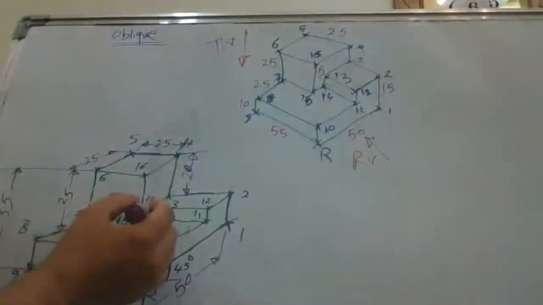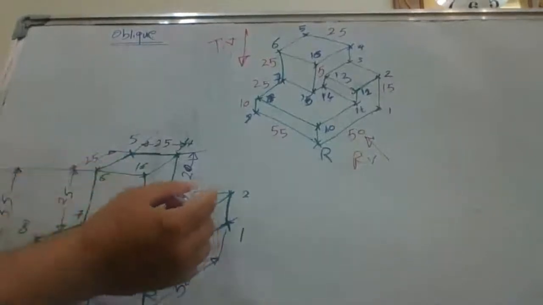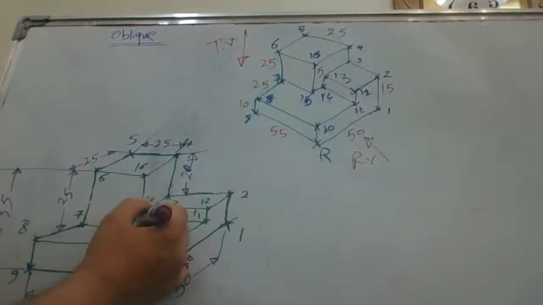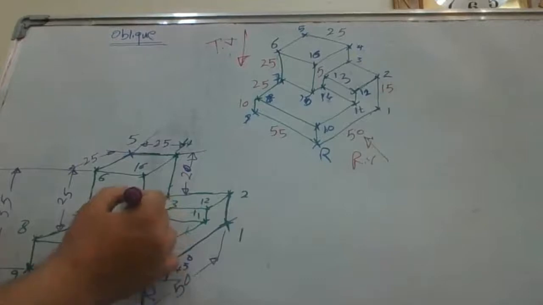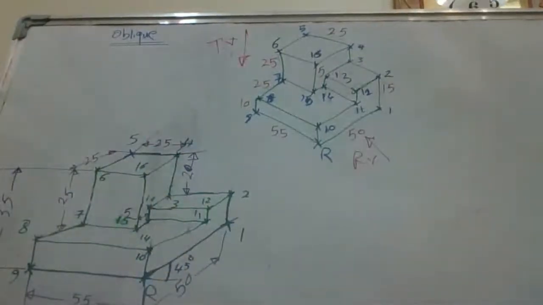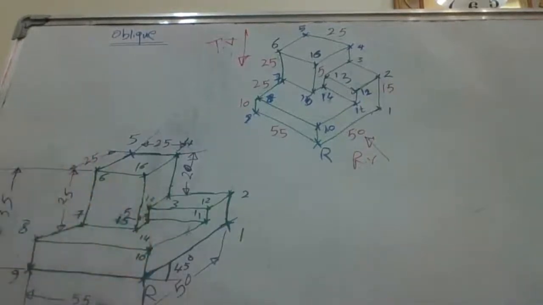Here also we can draw 25. Here, if we choose here, we can write here 5 millimeter. 5 millimeter plus 20, that's a total of 25.